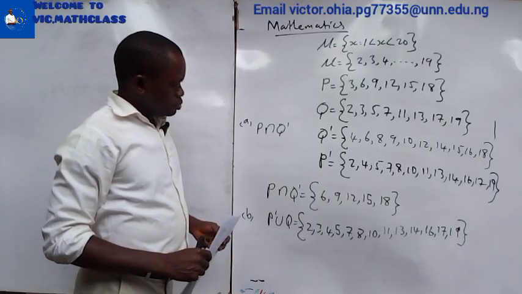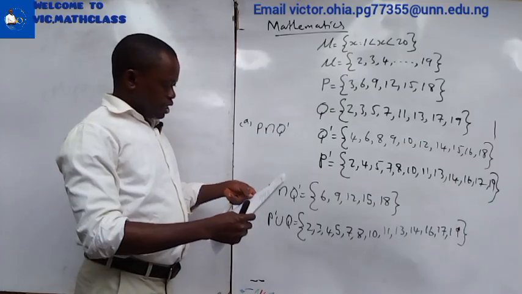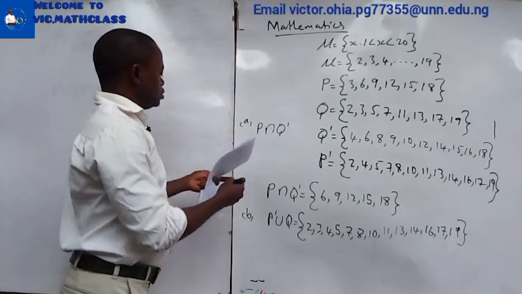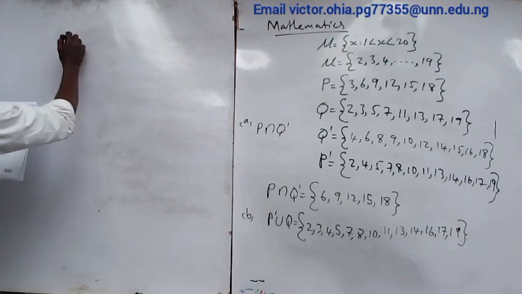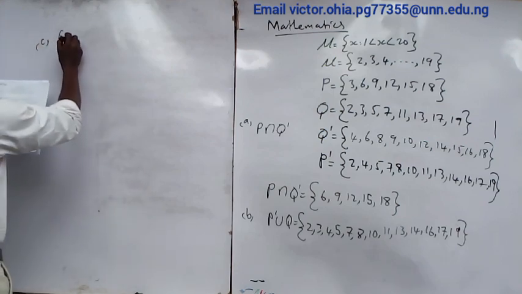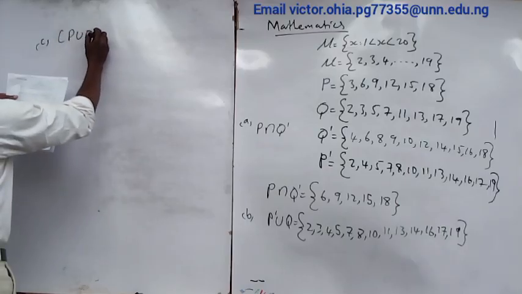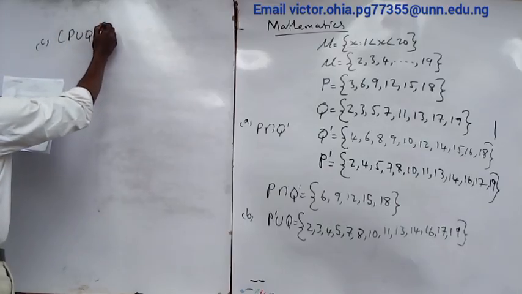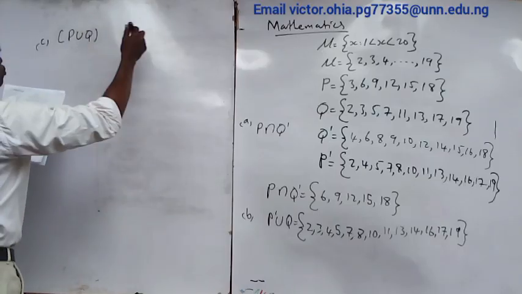Okay. So having taken this into cognizance, the last one will be C. C says obtain, bracket, P union Q, prime. But before that complement, let me obtain P union Q, then look for its complement.